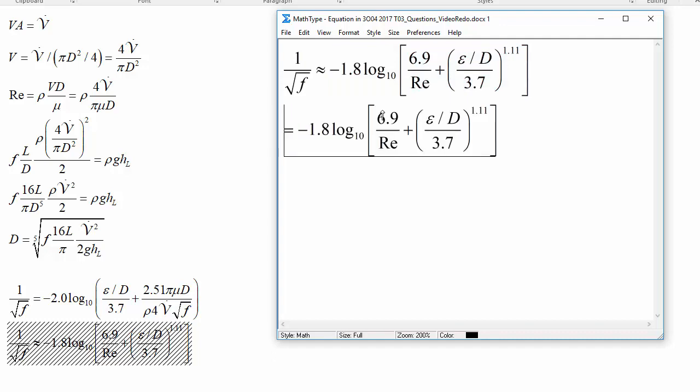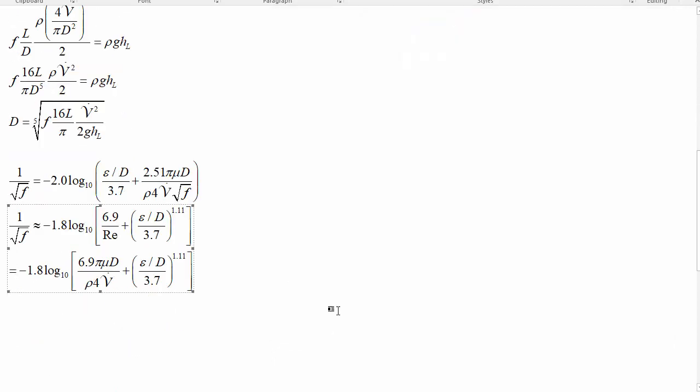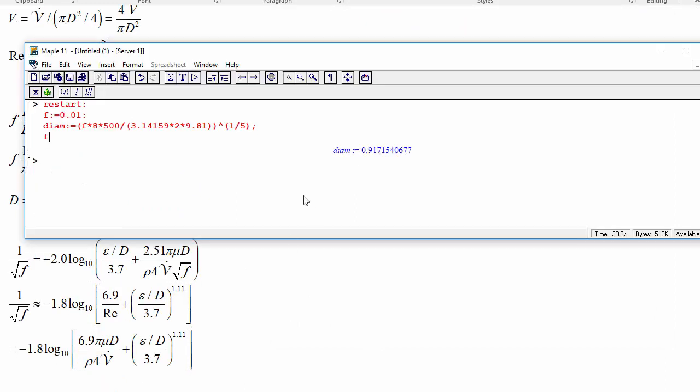So that would be substituting in rho for volumetric flow rate over pi mu d. Okay. So coming back over here, our next F guess is from solving this thing for F, which would be what you get if you take 1 over each side and then square both sides.